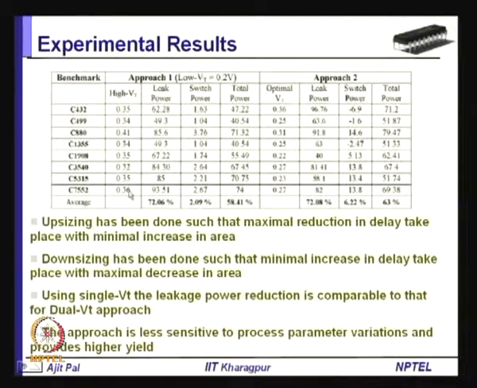Let us forget about the switching power, that reduction also occurs, and the total power reduction is 63% compared to a total power reduction of 58.41% in the case of the dual threshold approach.